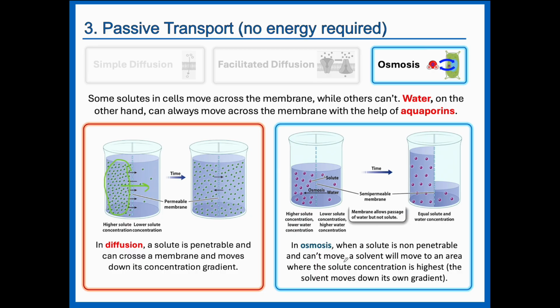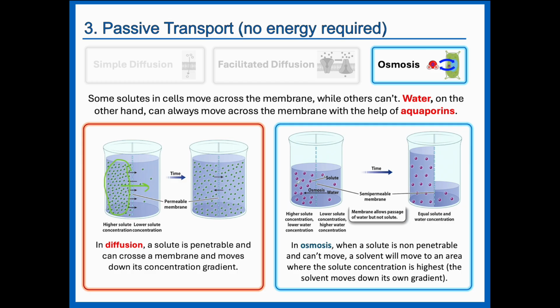Now, in osmosis, when a solute is non-penetrable, let's say these purple solutes cannot cross the membrane. Here I have many solutes, and here I have 1, 2, 3 on this side, right? Let's say that this membrane does not allow the solutes to move, right? Well, water is a good friend, and it will move down its gradient, right?